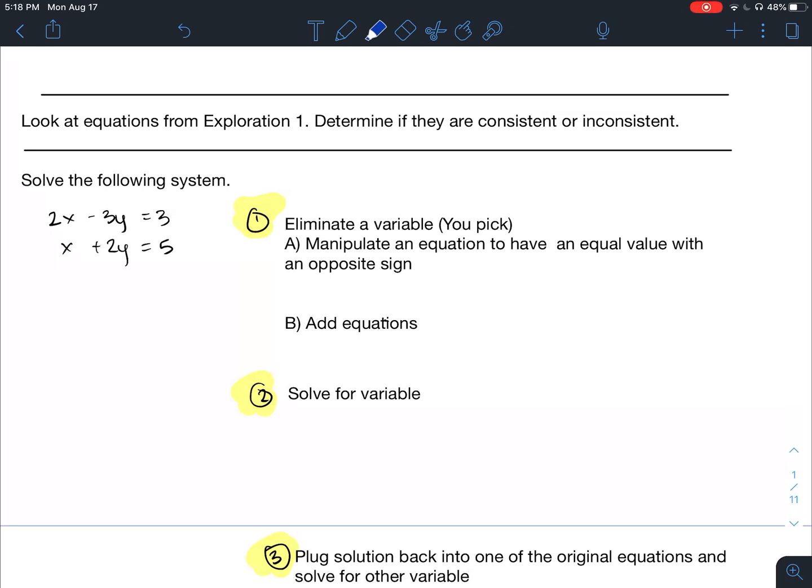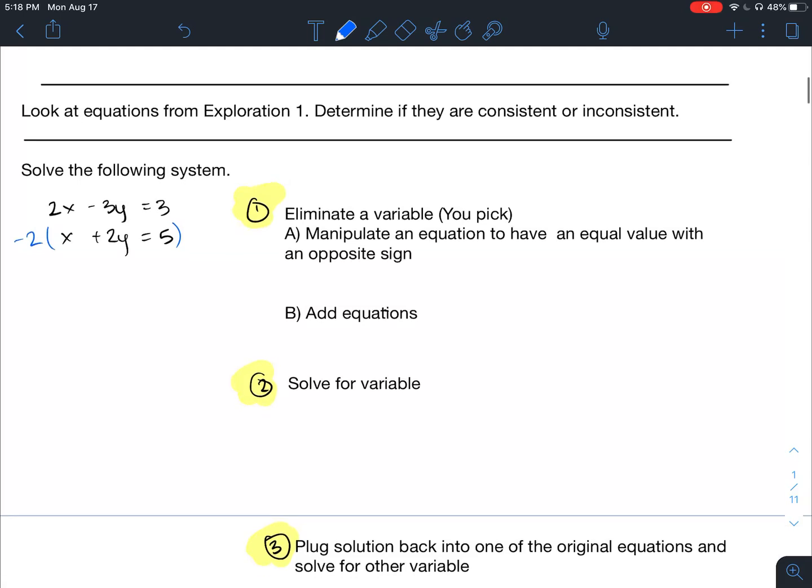So to manipulate, I'm going to multiply this bottom equation by -2. I'm changing the numbers of the equation, but the equation is still staying the same. That's what it means to manipulate it.